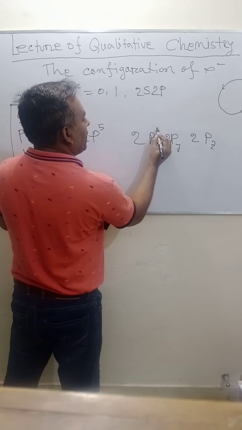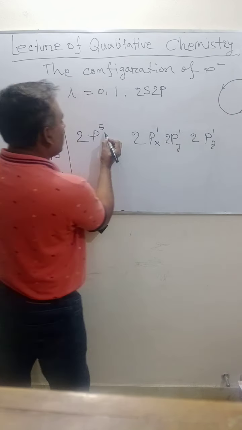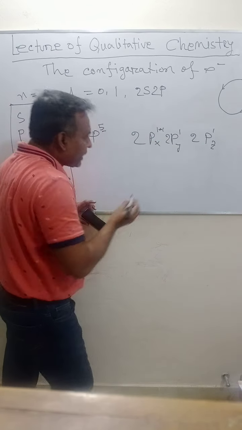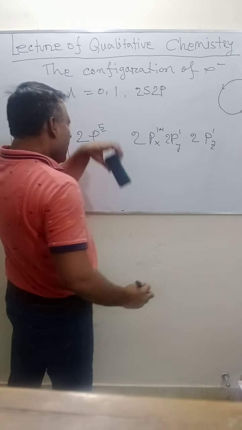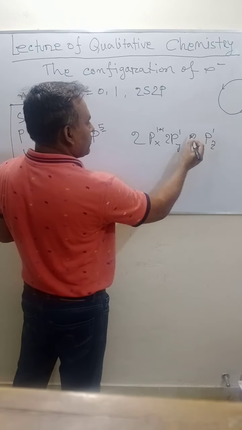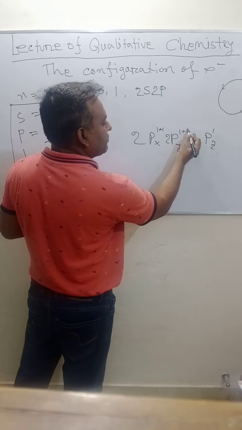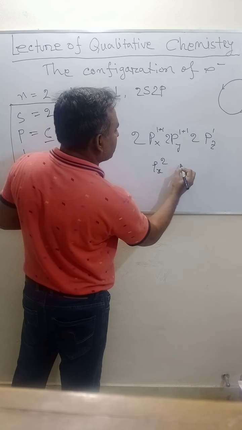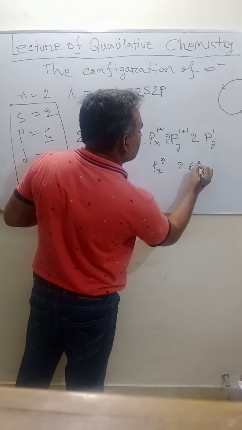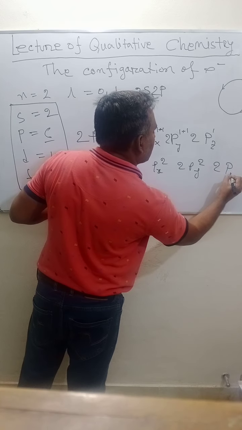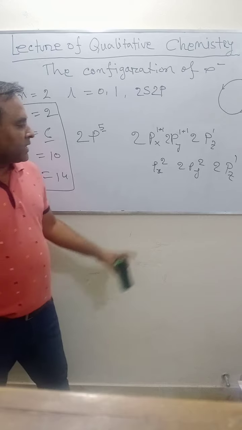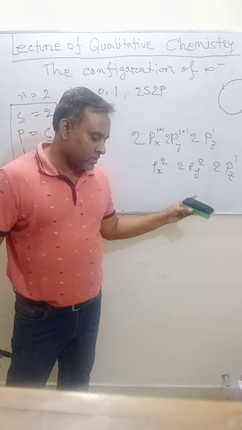You have to give 1, 1, 1, then another one here, another one here. That means 2px, 2py, 2pz. Clear? This is Hund's rule.